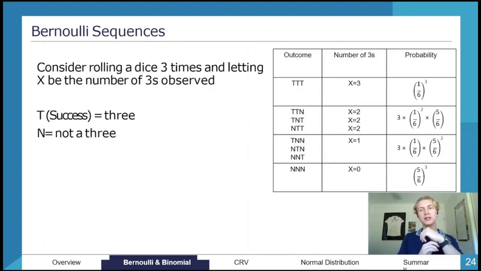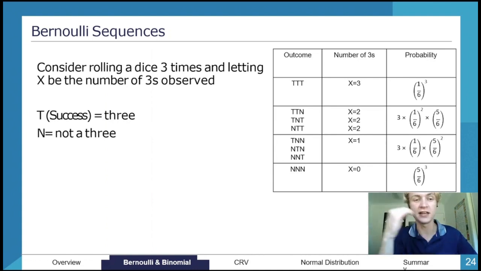Okay, so this would be an example. It is actually the example I made up just now. So obviously my memory recalled it. So Bernoulli sequences: consider rolling a die 3 times and letting x be the number of threes rolled. Well, the probability that x equals 3 is going to be, if we extrapolate it, what are we going to get?